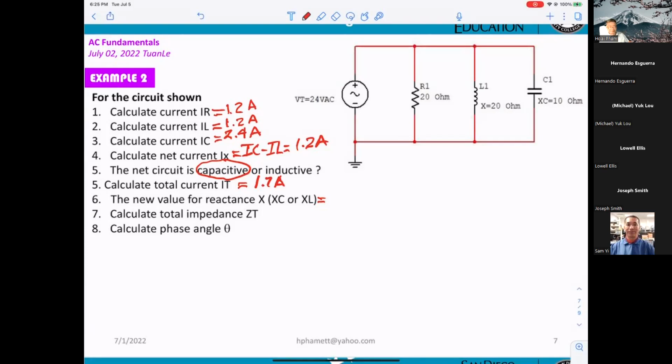How many ohm? 20 ohms. How many? 20. 20. Correct. Total impedance.